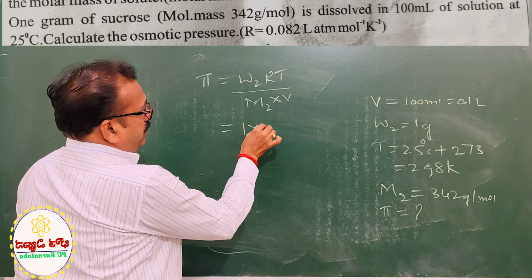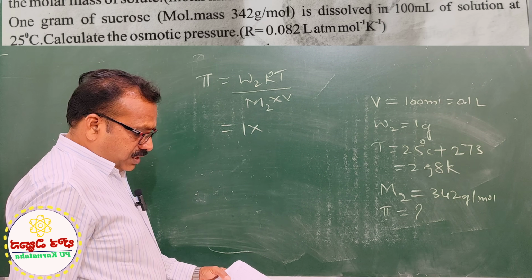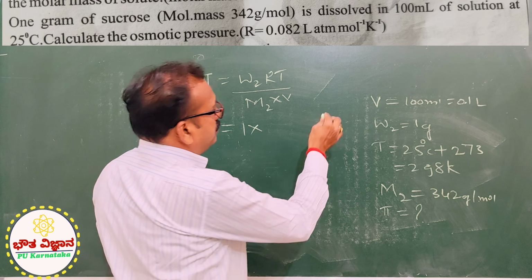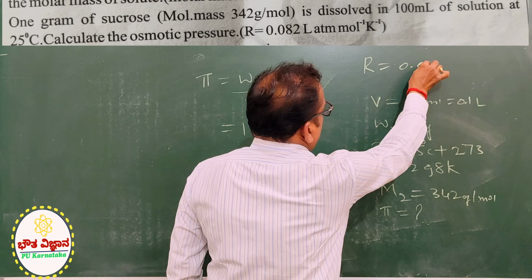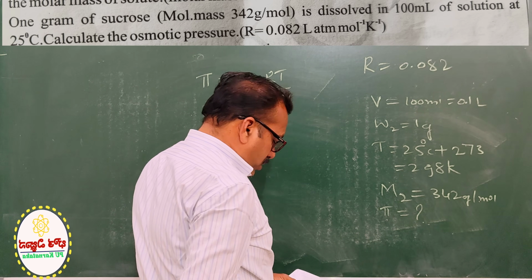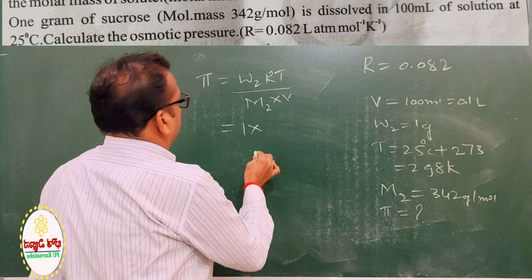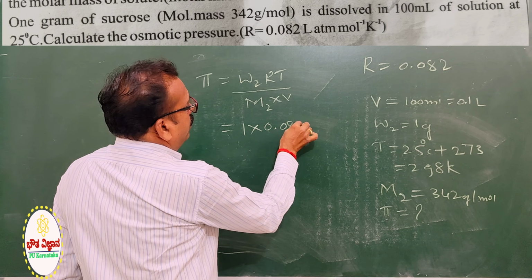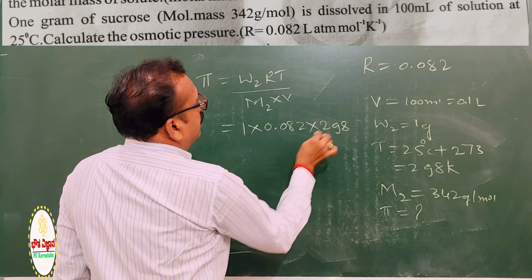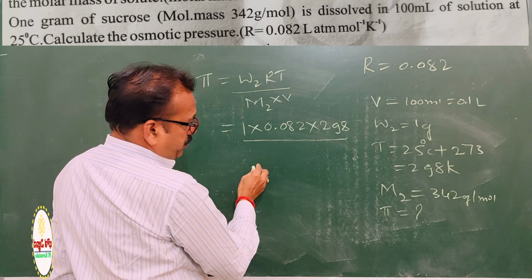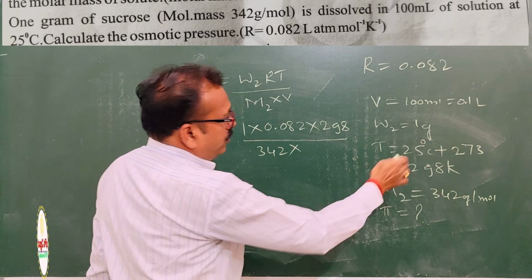W2 is 1, into R value, here they have given in the question, that is R value 0.082, into temperature 298 Kelvin, divided by M2 is 342, volume 0.1 liter.